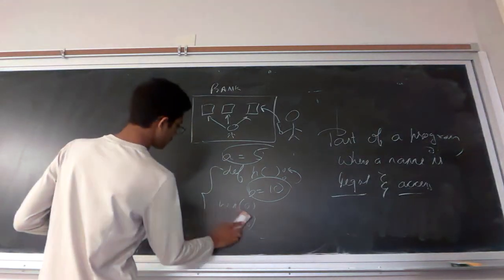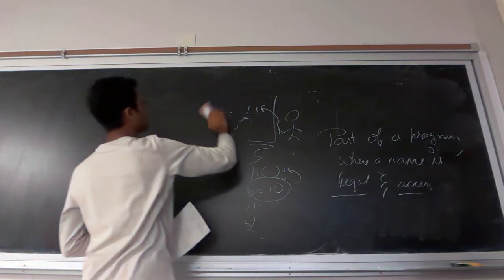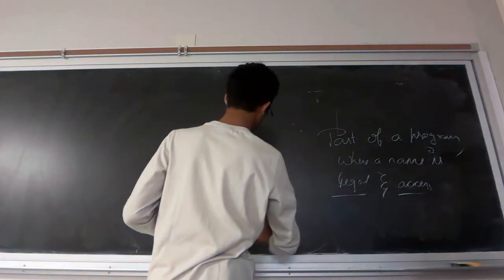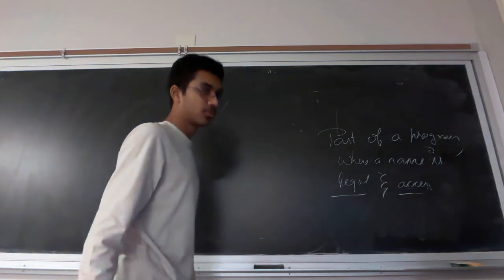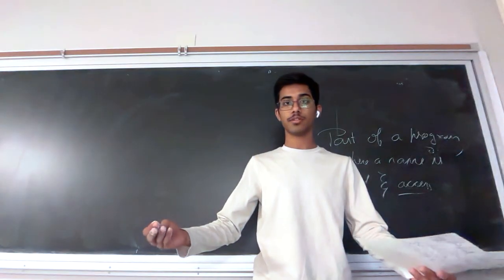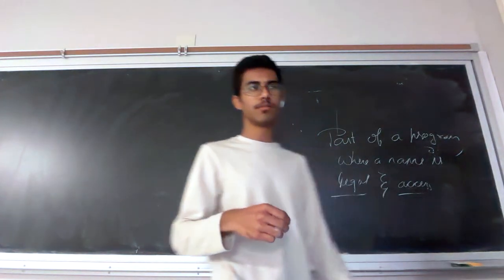Now, let's look at the way Python evaluates this scope. Let's say I have two variables named A in my program. How does Python know what is to be executed when?